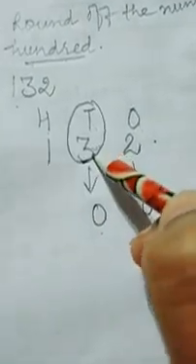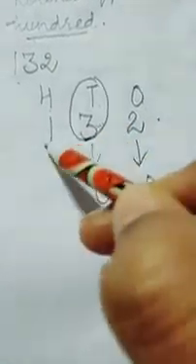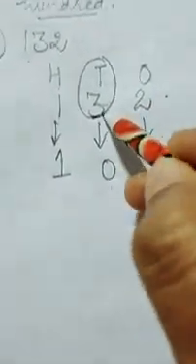Now you can see here it is less than 5, so the 100 place digit will not change, it will remain 1 only, because the tens place digit is less than 5. So we can write that 132 rounded off to the nearest 100 is 100.